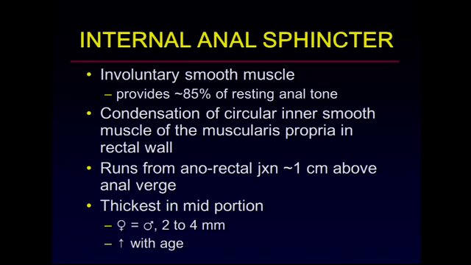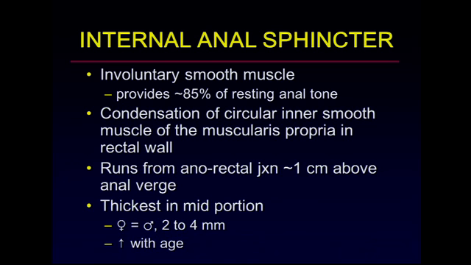There are two basic components to the sphincter complex, the internal and the external anal sphincter. The internal anal sphincter is an involuntary smooth muscle, and this provides about 85% of resting anal tone. And it is derived as a condensation of the circular inner smooth muscle of the muscularis propria in the rectal wall.